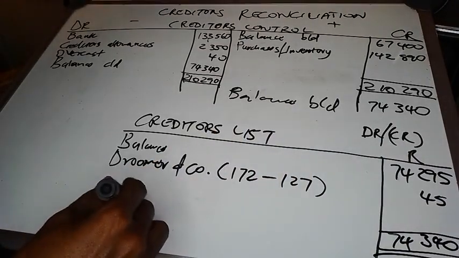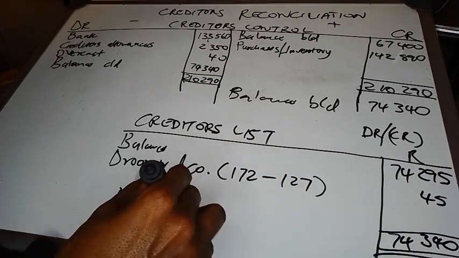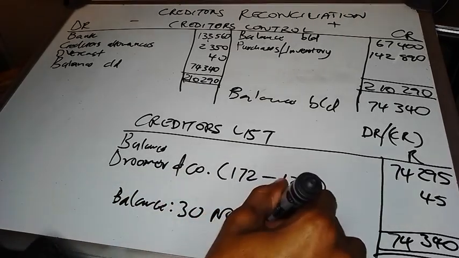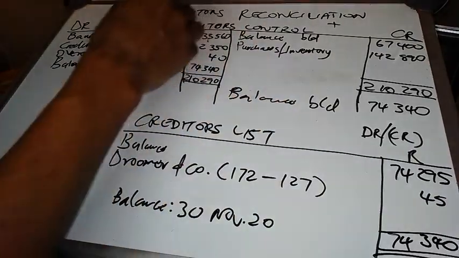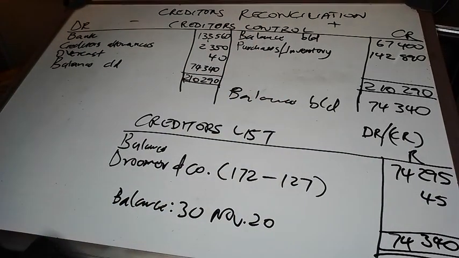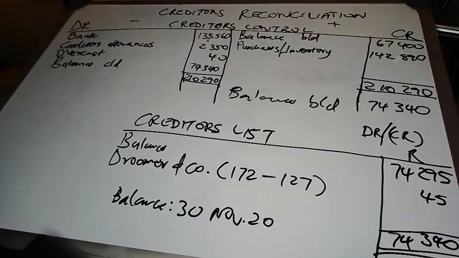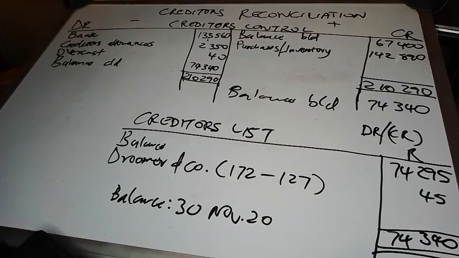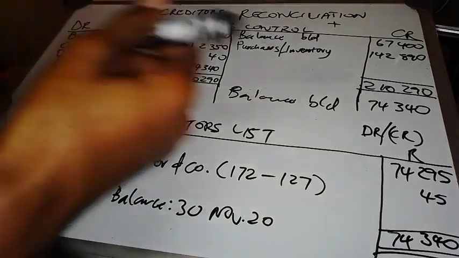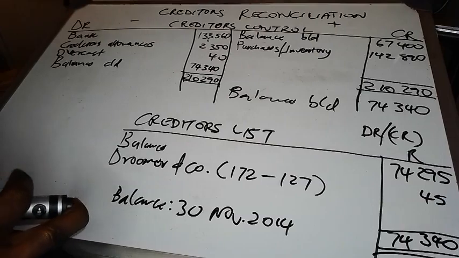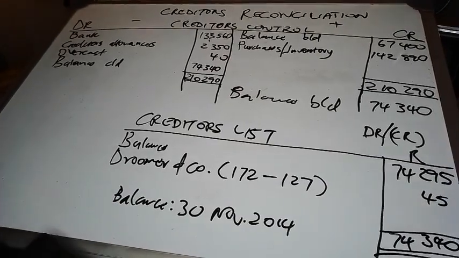So this is your correct balance at 30 November 2014, right? So we are done with the creditors control.